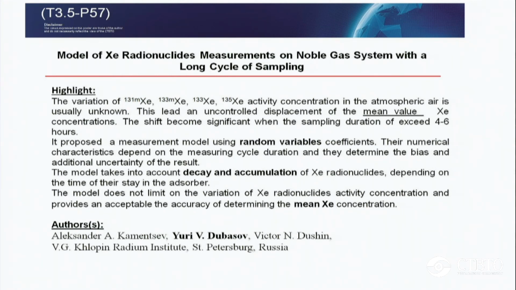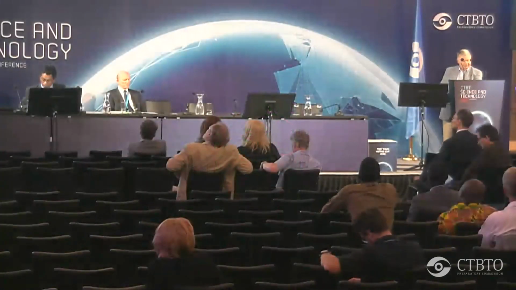The model takes into account decay and accumulation of xenon radionuclides depending on the time of their stay in the adsorber. The model does not limit variation of xenon radionuclide activity. Thank you.